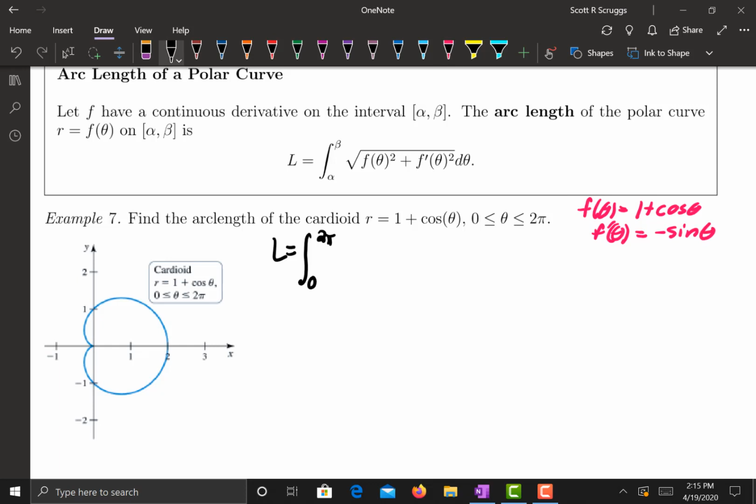Meaning I have 1 plus cosine of theta squared plus negative sine of theta squared, all inside a square root d theta.